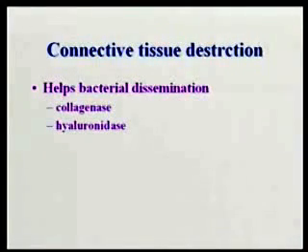There's a typo here I just noticed. Never mind. Connective tissue destruction. Okay, this helps bacterial dissemination. If an organism, for example, let's say somebody's got diabetes and they've got an infection of their foot and it's got very necrotic and nasty and what have you, if an organism produces collagenase to chew up connective tissue, the protein part, or hyaluronidase to chew up the proteoglycans, the human proteoglycans, as opposed to the bacterial peptidoglycan, which has got nothing to do with proteoglycans.